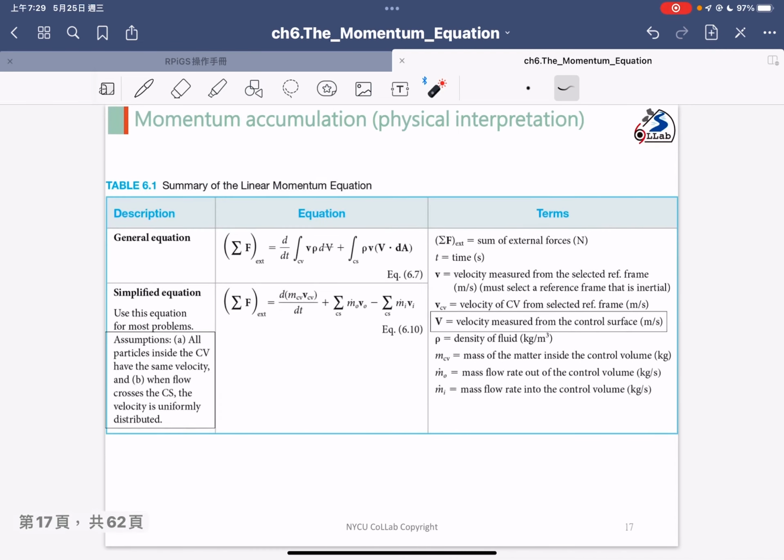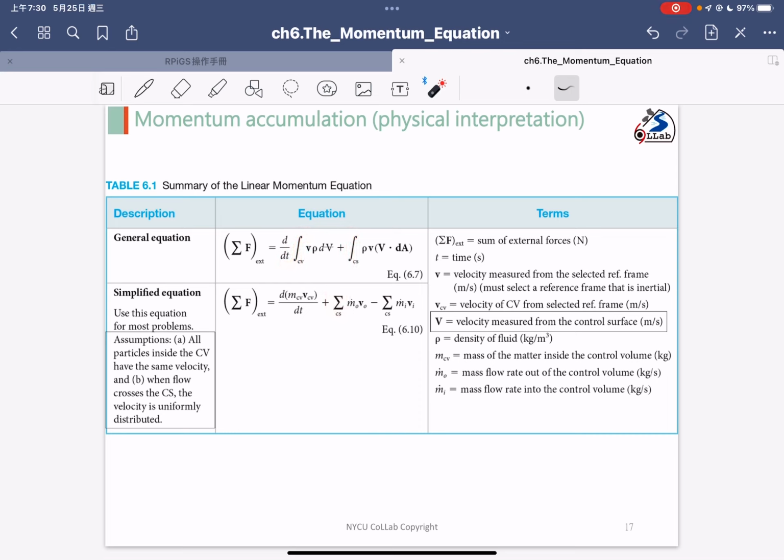Okay, so usually in the problems we discuss, we only have the external force related to the momentum flow rate, and we will neglect the term for the accumulation of momentum. So the table is just a very quick summary of the linear momentum equations, with the integration formula and the sigma formula.